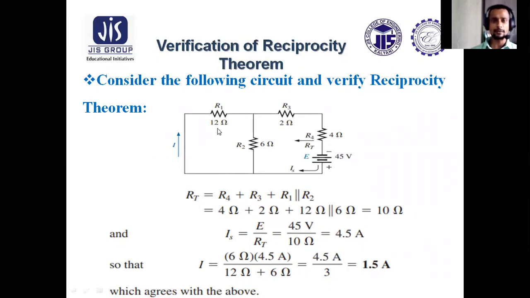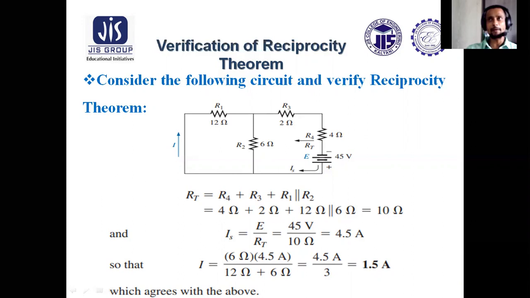It is also to be mentioned that the reciprocity theorem cannot be applied in all networks. The networks which validate the reciprocity theorem are said to be reciprocal networks. So today we have discussed Millman's theorem and the reciprocity theorem. Millman's theorem tells us how to determine current through a particular branch or voltage across a particular load if voltage sources with their internal resistances or impedances are connected in parallel.